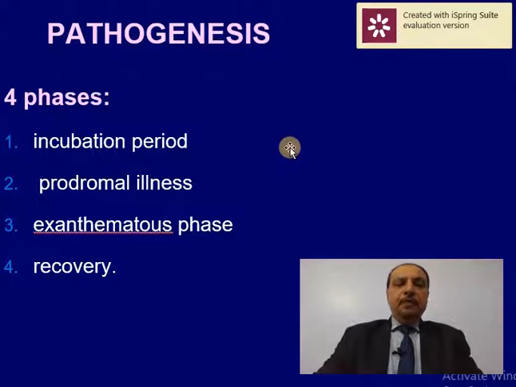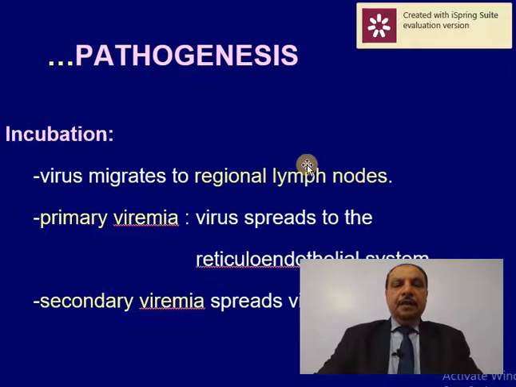Measles has 4 phases: the incubation period, the prodromal illness, the exanthematous phase, and the recovery phase. During incubation, the virus migrates to regional lymph nodes. There will be primary viremia, spread of the virus to the reticuloendothelial system, and a secondary viremia characterized by spread of the virus to the body surfaces causing the rash.